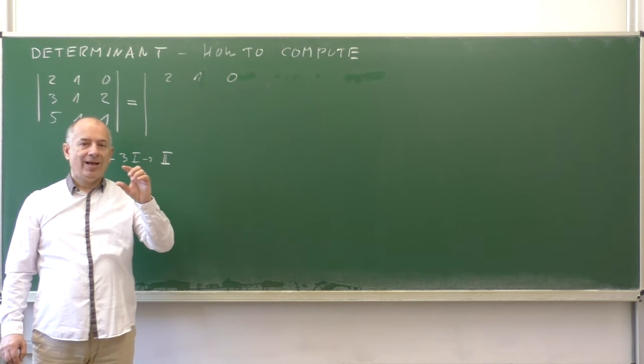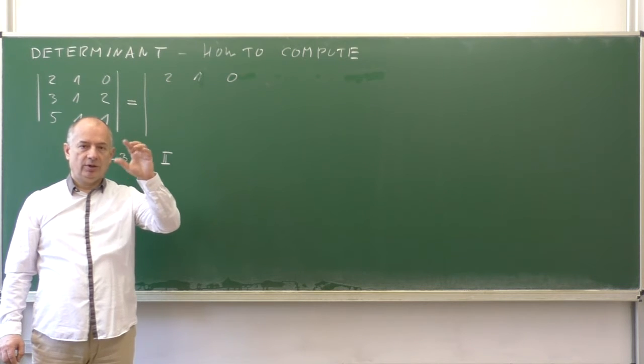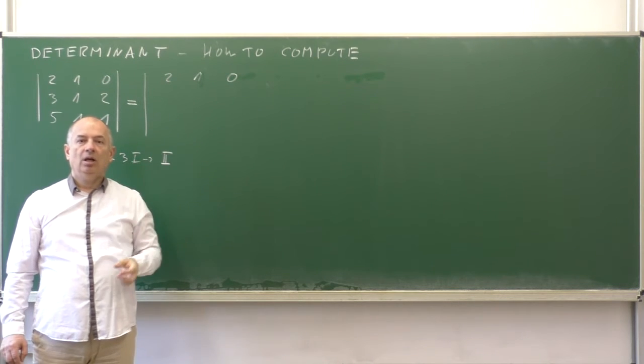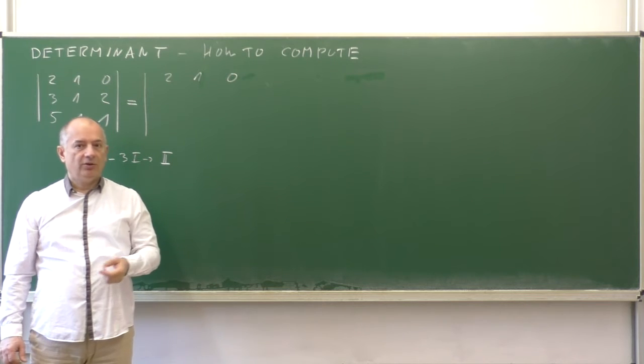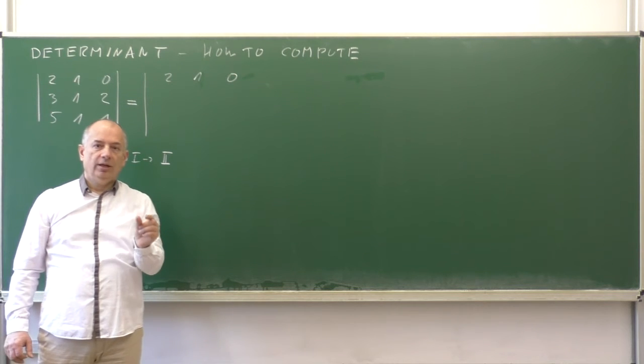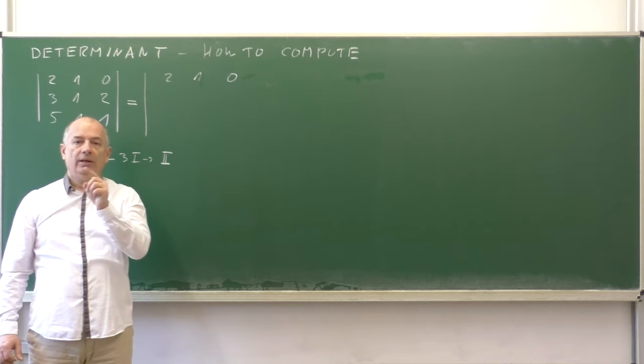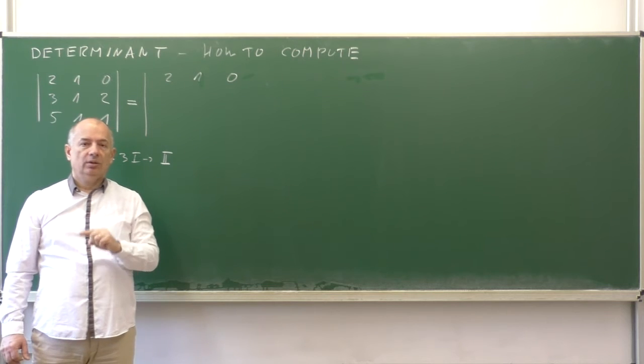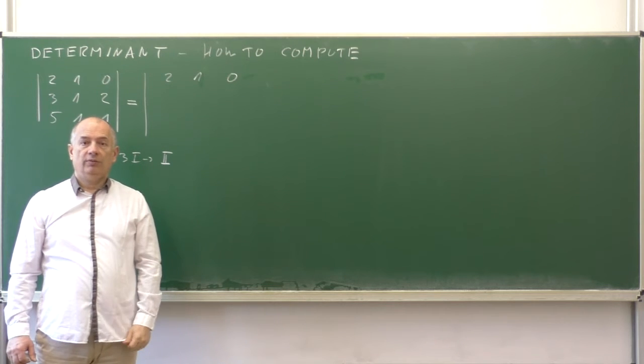Once again, if we add a linear combination of the remaining rows to a given row, this does not change the value of the determinant. And similarly for columns. If you take a column and you add to this column a linear combination of the remaining columns, this does not change the value of the determinant.